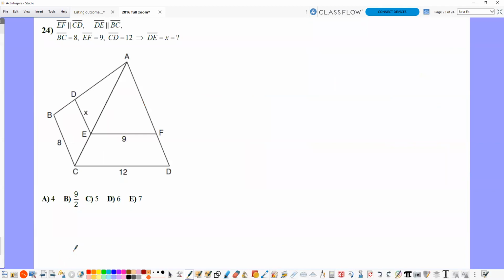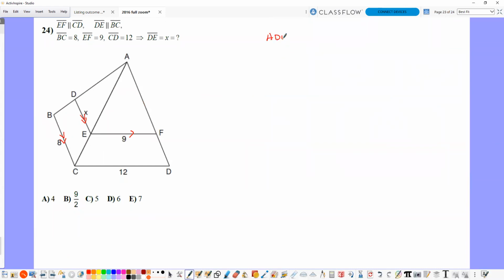Okay, if we continue with the parallel line questions, this is parallel line. And in parallel lines, if you remember, I mentioned that one before. If two triangles have parallel lines, it means that these triangles are similar to each other. Which triangles are similar?